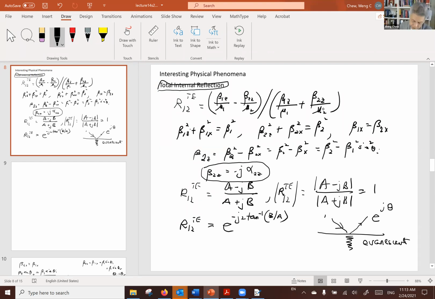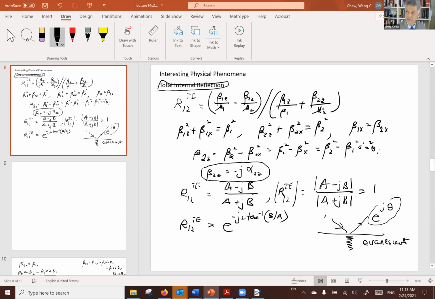Because beta 2z becomes pure imaginary. So when that happens, you have an evanescent wave in region 2, a totally reflected wave in region 1. Furthermore, there is a phase shift associated with that reflected wave.